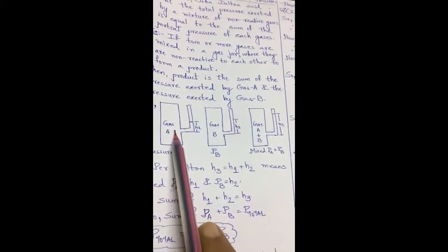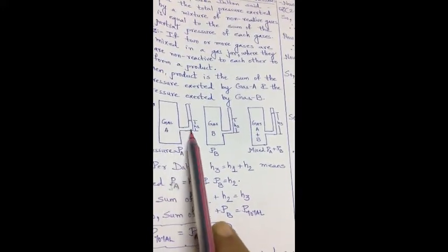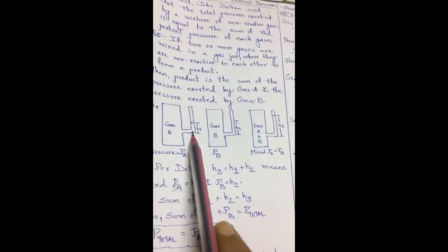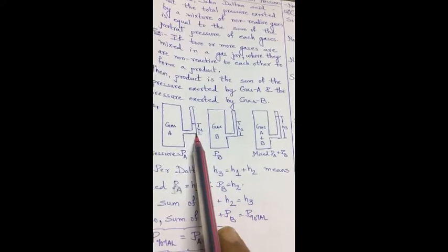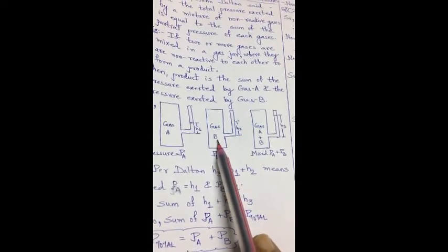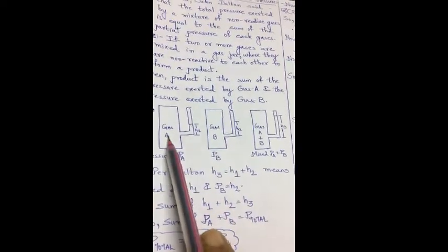Due to the pressure exerted by gas A, the molecules will hit the level of the mercury, and there will be a change in the height. Same thing, the pressure will be exerted by gas B. So pressure of gas A, PA, pressure of gas B, PB.